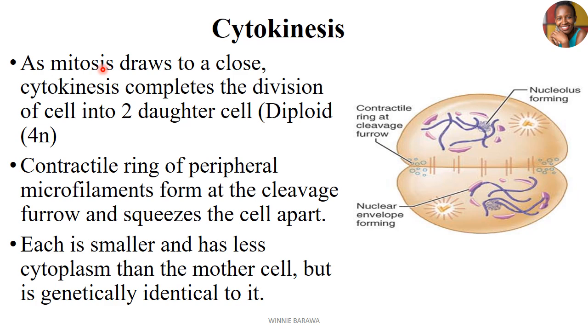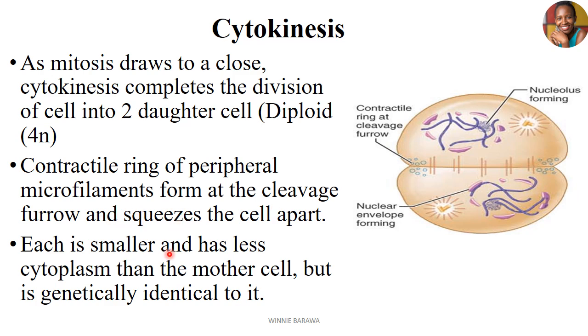Cytokinesis will help us complete the division of the cell into two daughter cells, and those are the diploid cells, which have the same chromosomal number just like the mother cell. A contractile ring of peripheral microfilaments will form at the cleavage furrow, and then it will squeeze the cell apart.